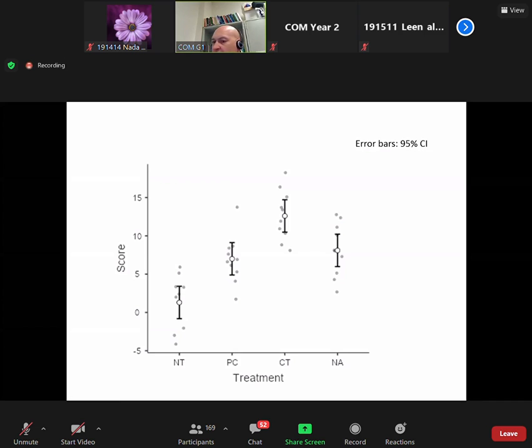Well, an F value, it's a ratio of the between groups variance. It's the estimate that comes from between groups divided by the within group variance. So it's a ratio of variances. That's what an F value is.